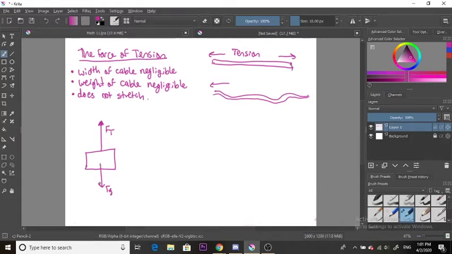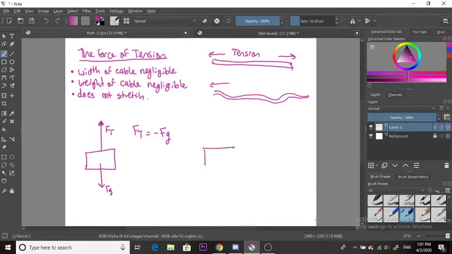We know that gravity is trying to pull it down, but it's not succeeding. And we know that tension is trying to pull it up, but it's not succeeding. The box is not moving. So the way that we would write this formula is that your force of tension is equal to your gravitational force, but in the opposite direction. So it will be negative Fg.